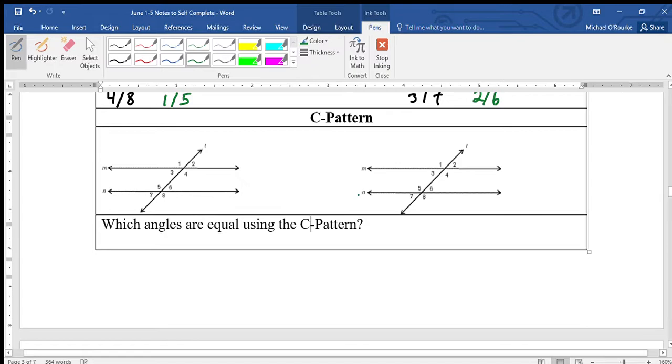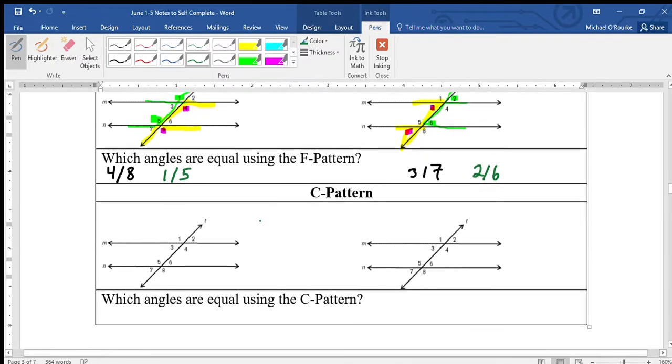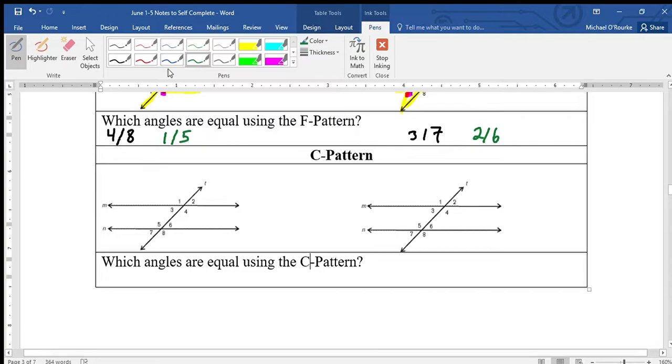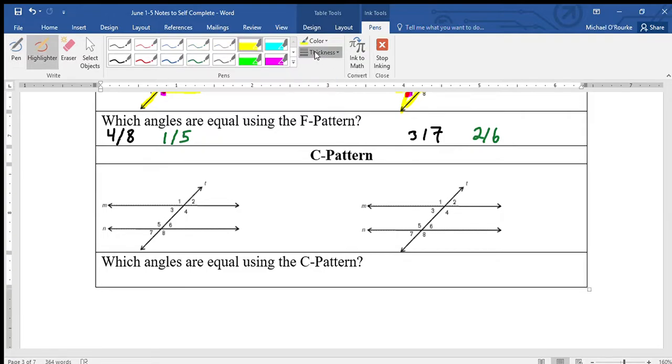Now C pattern, which angles are equal in the C pattern? The key here is that they add to make 180. So let's make my C here. In this case, my C looks like this.